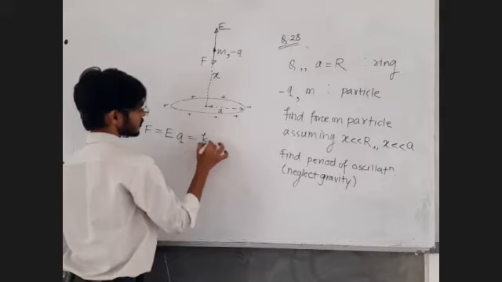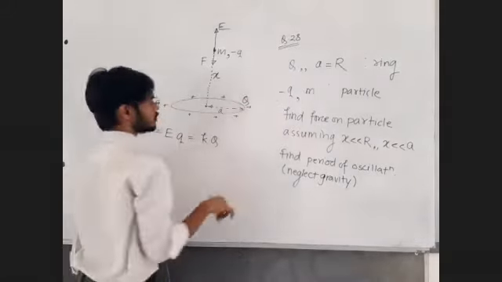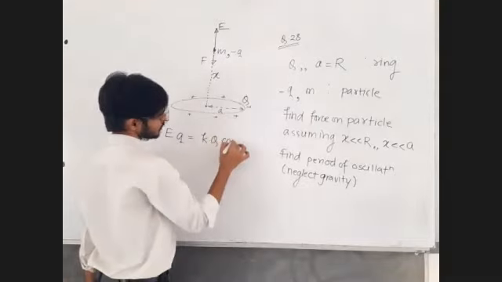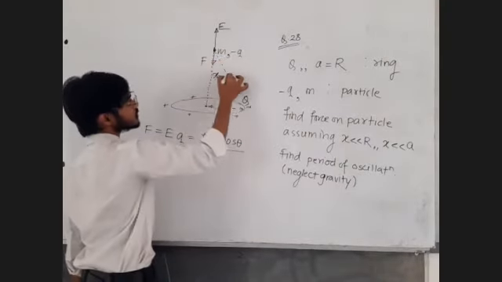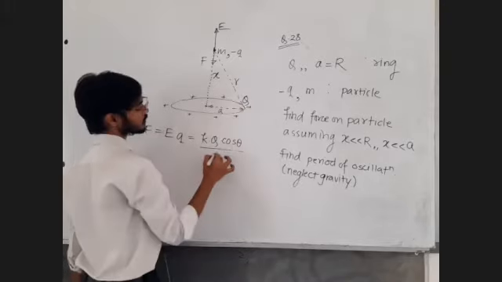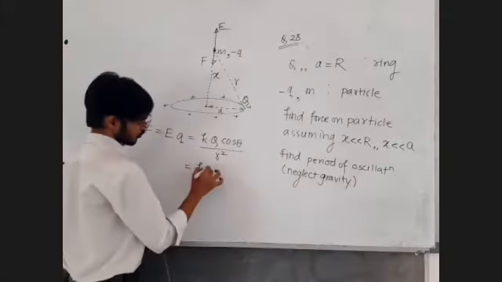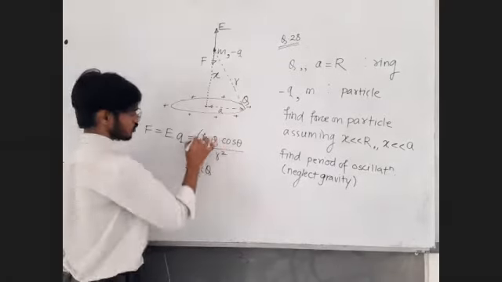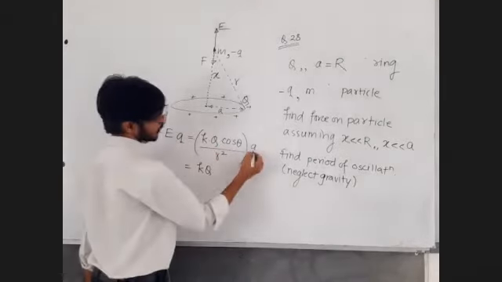The formula was K into charge on the ring, capital Q, KQ cos theta, divided by this slant distance r square. Now the replacements: you just replace the electric field, but the small q is also there, so multiply it by q.